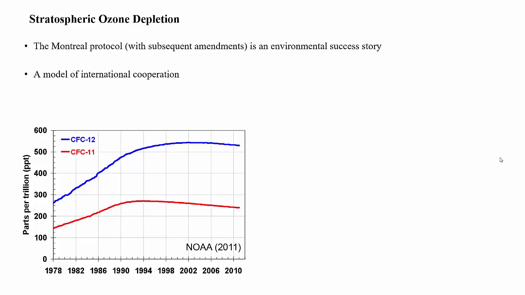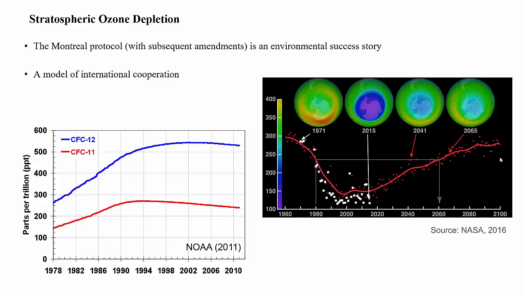Of course, the recovery is going to be very slow as these chemicals have long atmospheric lifetimes, but nevertheless you can see that the Montreal Protocol with subsequent amendments is quite an amazing environmental success story. It's also a model of international cooperation and real action, the kind we'd like to see on environmental problems like climate change.